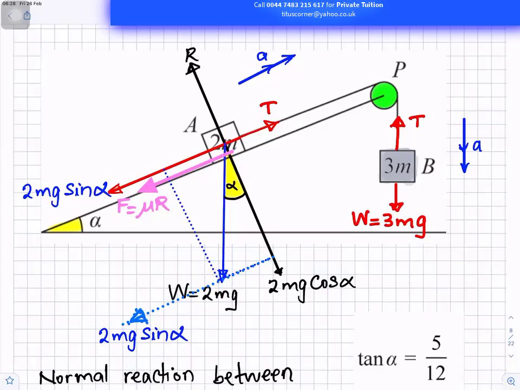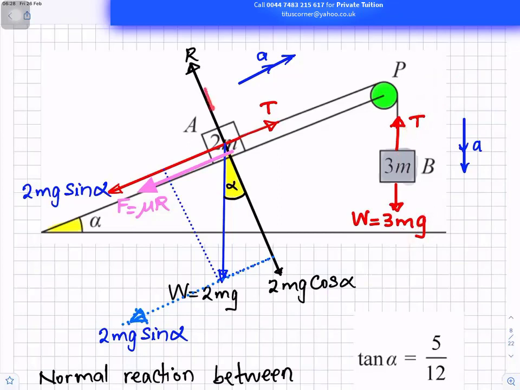And we got another mass here, 3 mg at B acting downwards. So the force acting downwards gives the weight, and there's also a tension going upwards. So there's upward force there and there's downward force there.